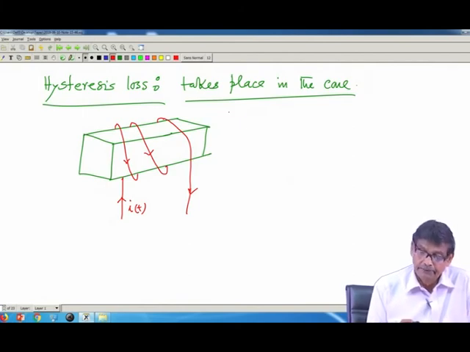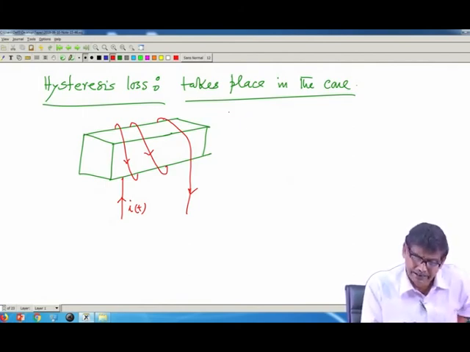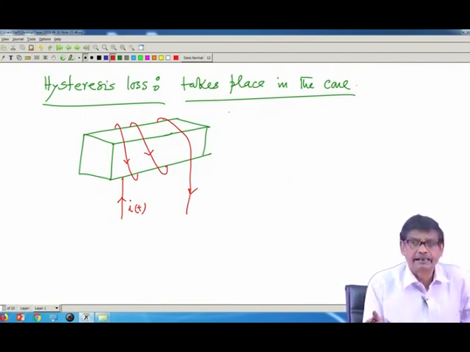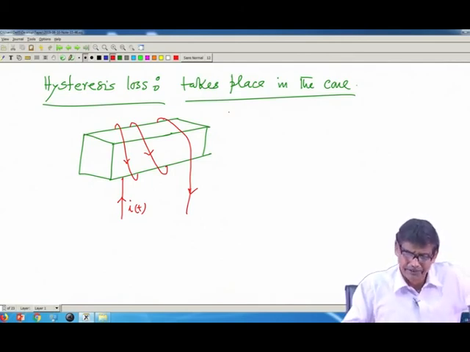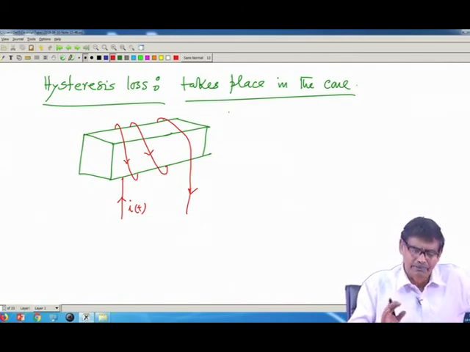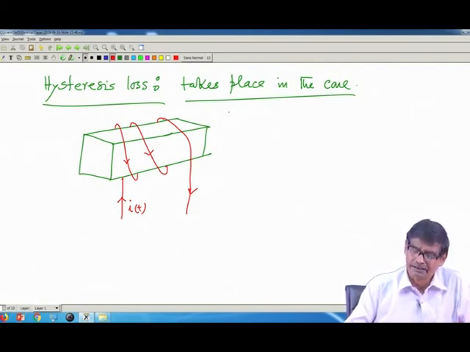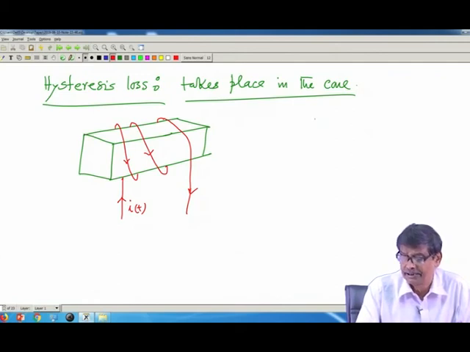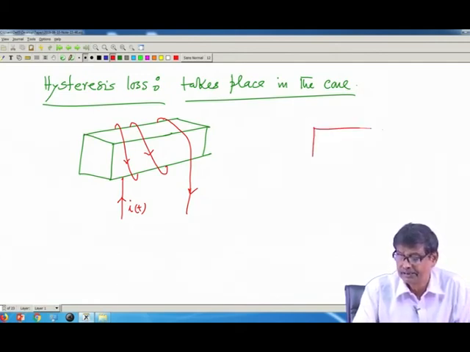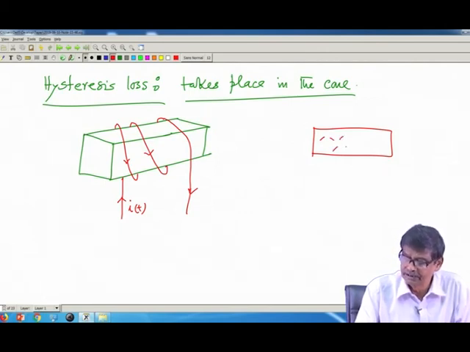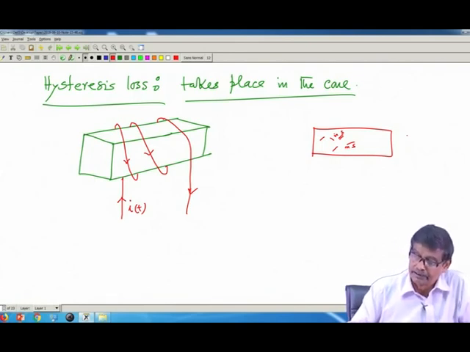If you pass current, then why does this core get magnetized? It is because of the fact that, we will not go to the quantum level, but we can understand there are tiny magnets at the molecular level, small magnets in any ferromagnetic material like this. They are tiny magnets already existing in a ferromagnetic material.